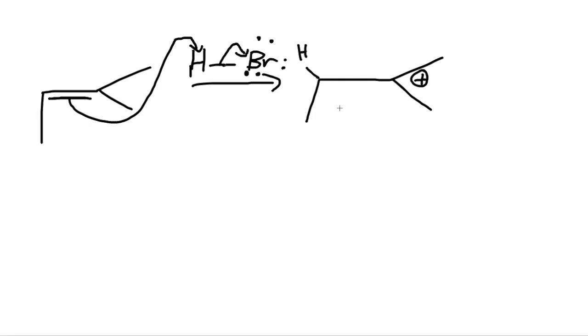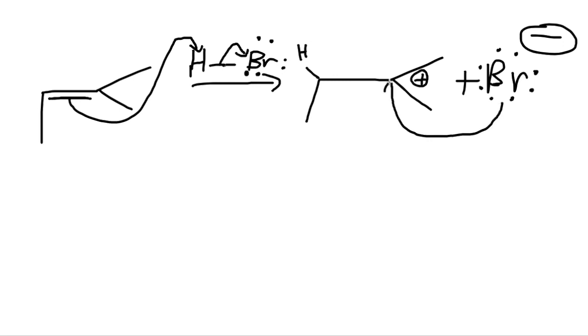Now after this, we would add the bromine. Don't forget about the bromine. Now, instead of 3 lone pairs, it has 4 lone pairs because it grabbed another electron and is negatively charged. Now what we do is grab one of the lone pairs on the bromine and attack the carbon that has a positive charge.